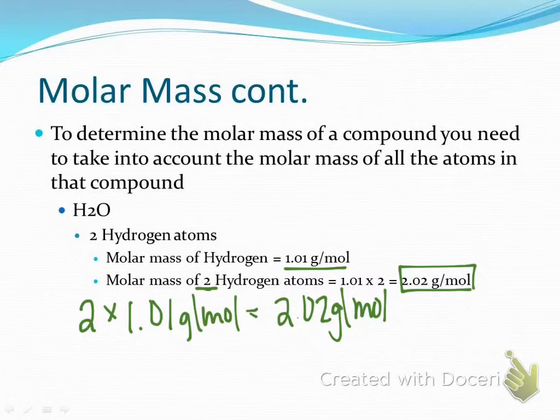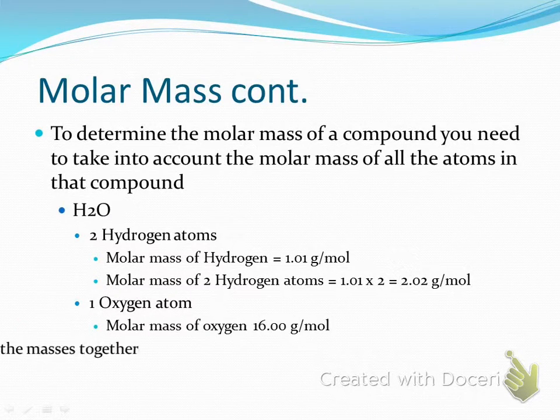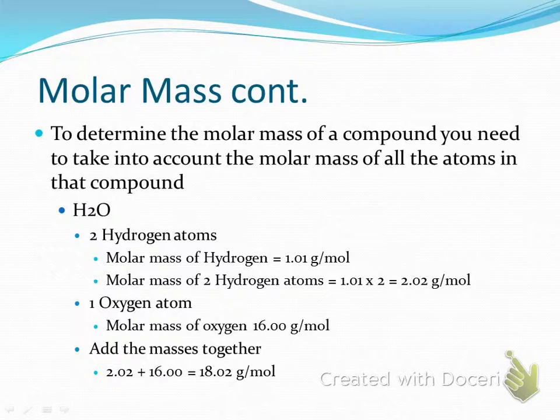We're not done yet. We haven't looked at oxygen yet. If we look at our one oxygen atom, we're going to add that as well. We take the 2.02 grams per mole from hydrogen and add our 16 grams per mole from our one oxygen atom, giving us a total molar mass of 18.02 grams per mole for water.